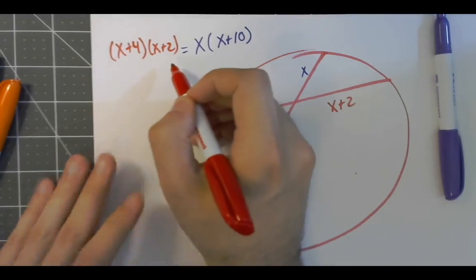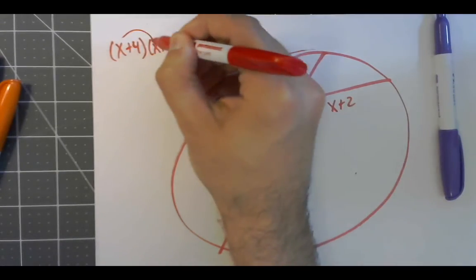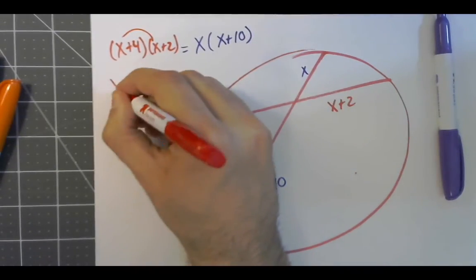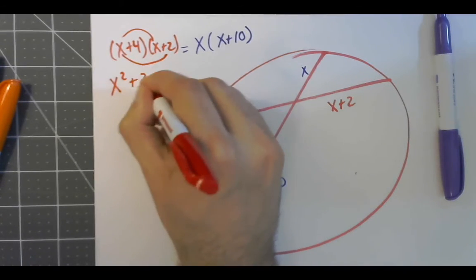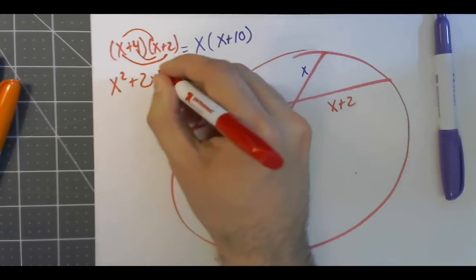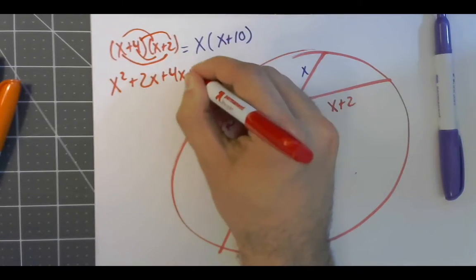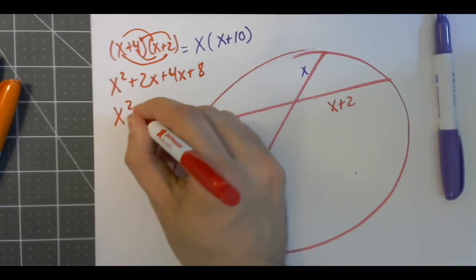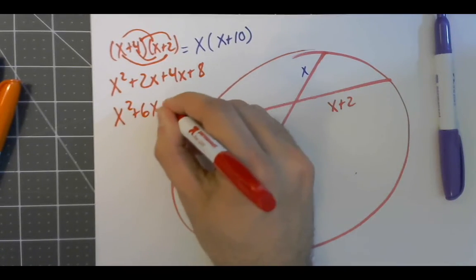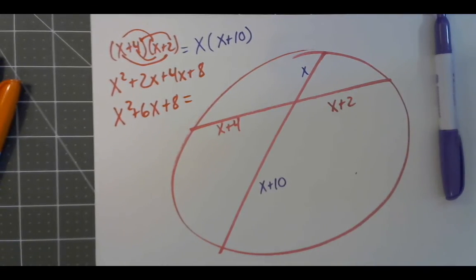Remember, for this sort of setup, we have to FOIL them together. We have to multiply x times x first. So that's x squared, our outside, plus 2x, our inside, plus 4x. And then lastly, 4 and 2 plus 8. Smoosh the inside 2 together, and we get that. So that is our left side of our equation.